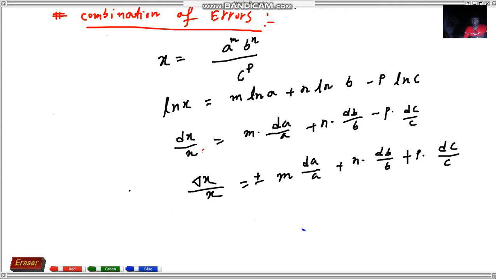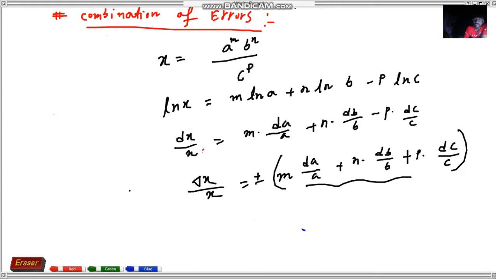There is no minus or negative sign. All the errors are always added up. There is no subtraction of error. Within the bracket we have to use plus terms, and before the bracket we will use plus minus.